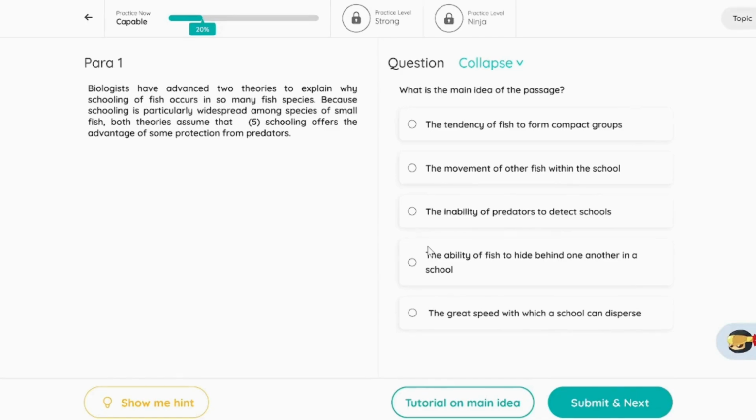Now the system has broken down the bigger paragraphs into smaller paragraphs. Let me retry this question.